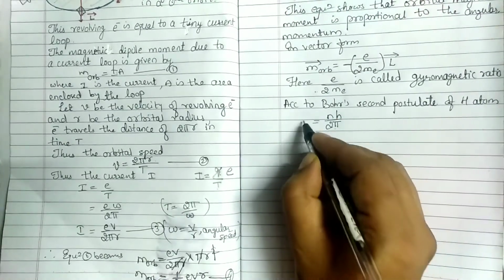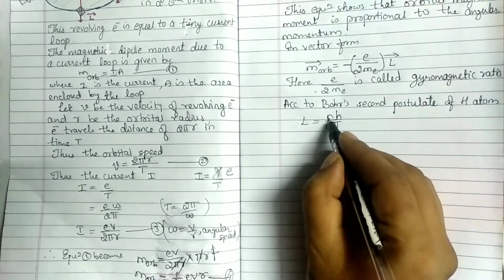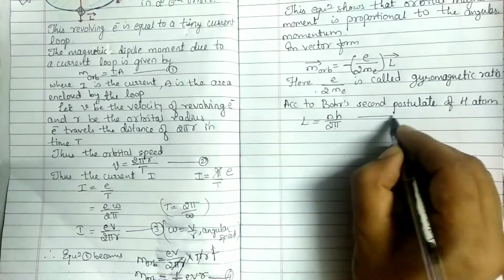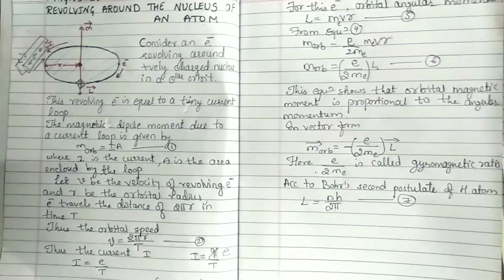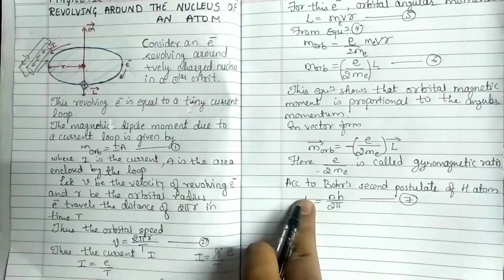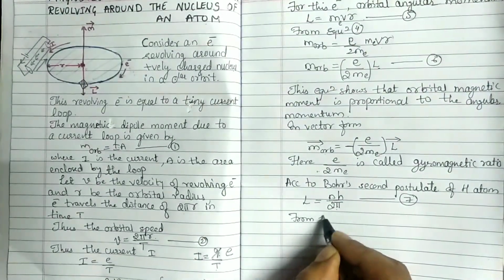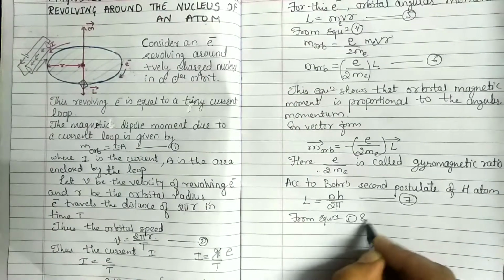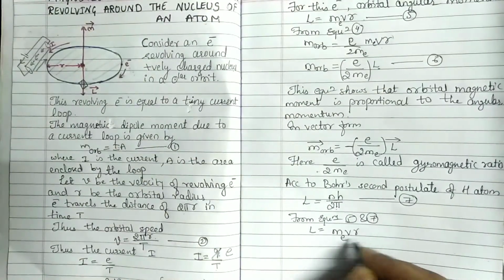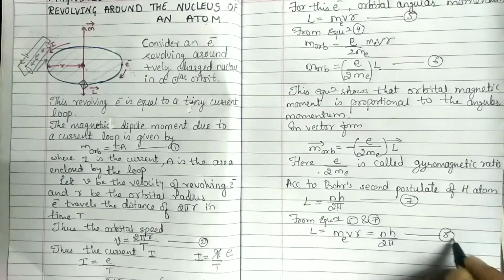So you can write L equals nh by 2 pi, where n is an integer. Call it equation 7. If you compare equations 5 and 7, the LHS are the same. So what can we conclude from equations 5 and 7? L equals m_e v r equals nh by 2 pi. Call it equation 8.